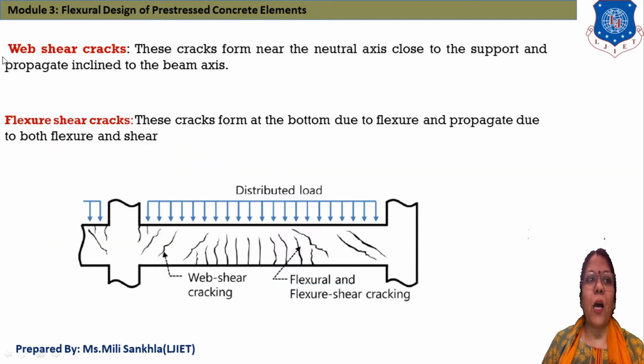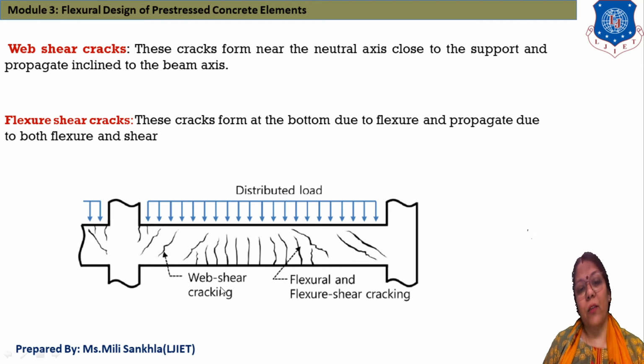Clear? Now the second one is the web shear crack. What is a web shear crack? Again we understand web shear cracks and flexure shear cracks with this image. Shear means simply cutting the section. Bend means flexure and shear means cutting the section. Now web shear cracks form near the neutral axis close to the support and propagate inclined to the beam axis.